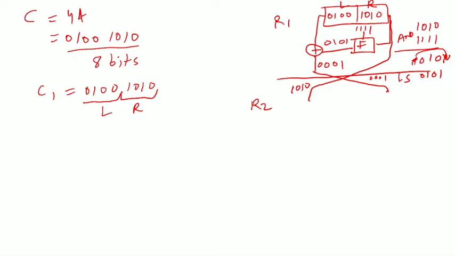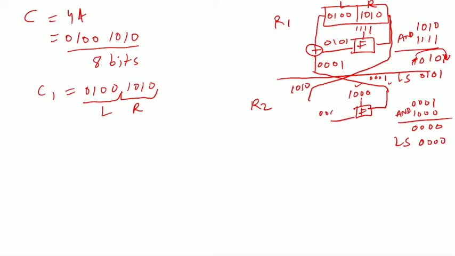And then we're doing round 2 now. Again, this will process through the round function along with the round key, which now is going to be 1, 0, 0, 0. So let's do that. We take our right half, this one, and do an AND operation with the round key. 0, 0, 0, 0, and left shift is also going to give us all zeros.